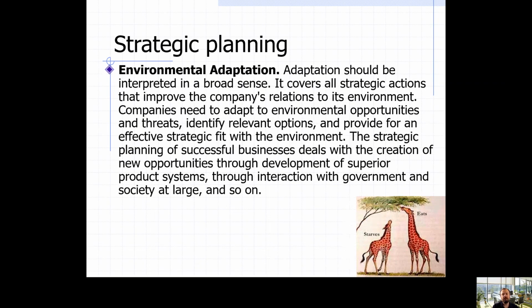Environmental adaptation. It means that during strategic planning, the management of the organization must adapt to changes in external environment, and this picture shows it, I think, in the best way.